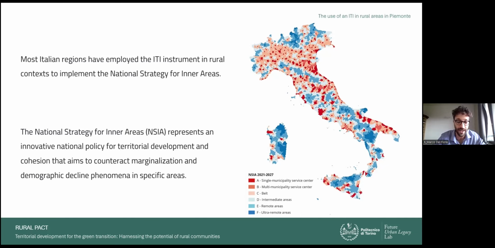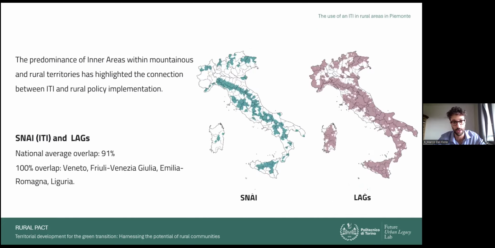The inner areas, often in mountainous and rural regions, highlight the close relation and connection between ITI and rural policy implementation. And the collaboration between the SNAI and local action groups has been crucial in many regions. From a geographical point of view, on average, there is a 91% overlap in the territories targeted by both SNAI and LAGs at the national level.